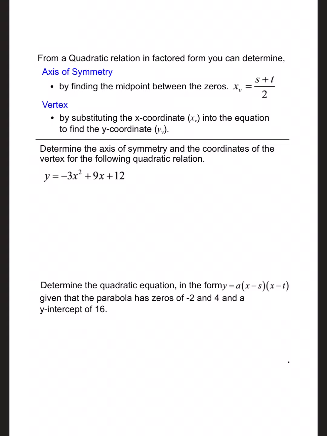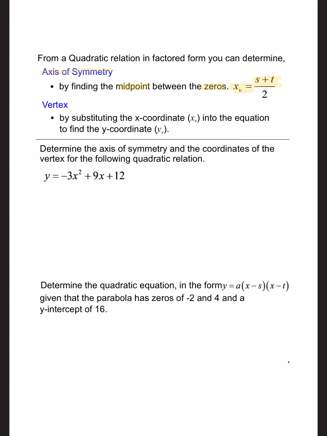But how do we go about finding our axis of symmetry? We had looked at in the previous day's note that our axis of symmetry was simply the midpoint of our zeros. So the way that we're going to find our axis of symmetry is we are going to find the midpoint between the zeros. And this is the formula we show for it.